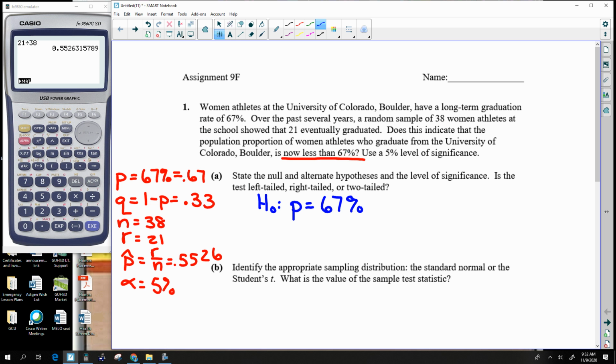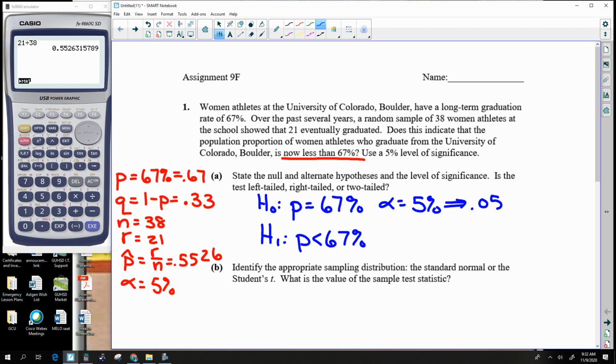So historically it says that it's 67%. Now, what are we trying to say about that 67%? Is it bigger? Is it smaller? Is it not equal to? And we want to see, is it less than 67%? That's what the question is asking. Our level of significance is alpha, and in this case, that is 5%.